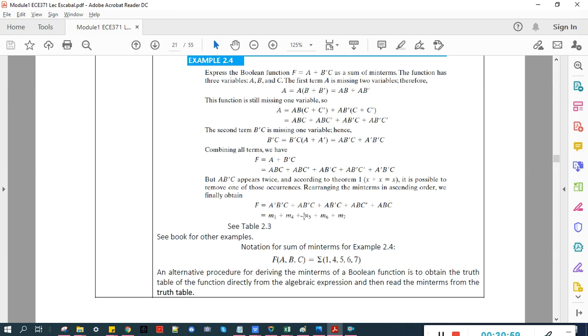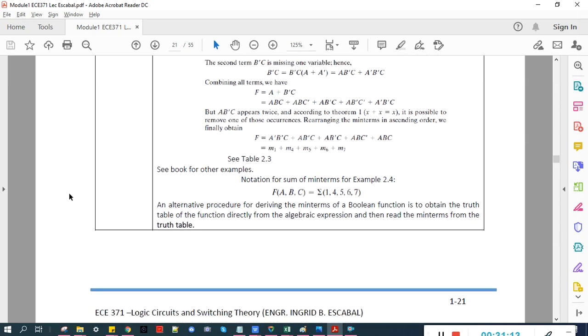There are 5 minterms, minterms 1, 4, 5, 6, 7. This is the canonical form using minterms for F. You can check Morris Mano's book for more examples.